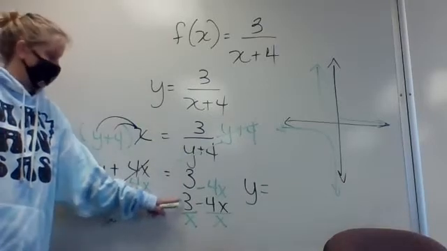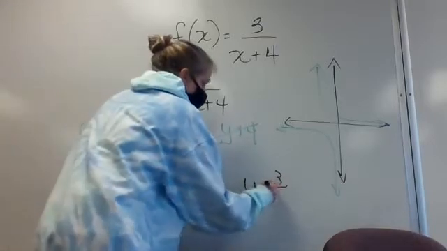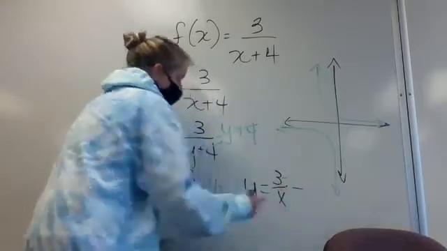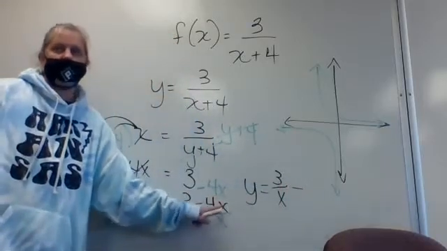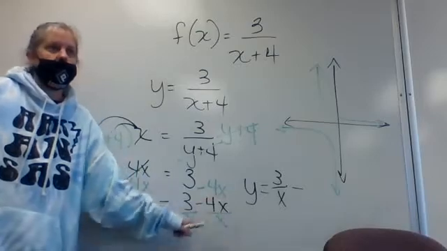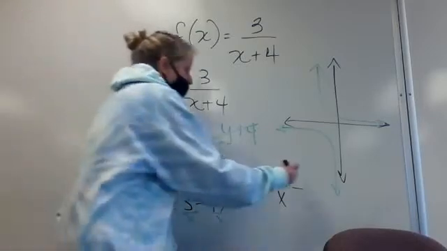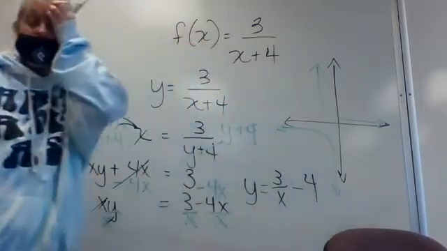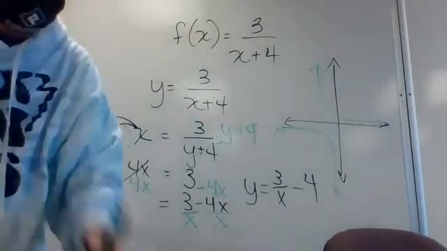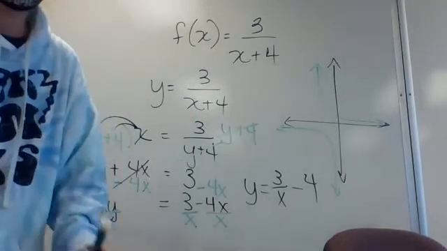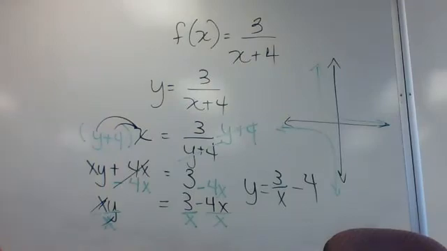Equals 3 over x minus, what happens to these x's right here? They cancel because you have x over x. So you just have minus 4. I put the x in front because I'm not going to graph, because I knew somebody was going to ask that.